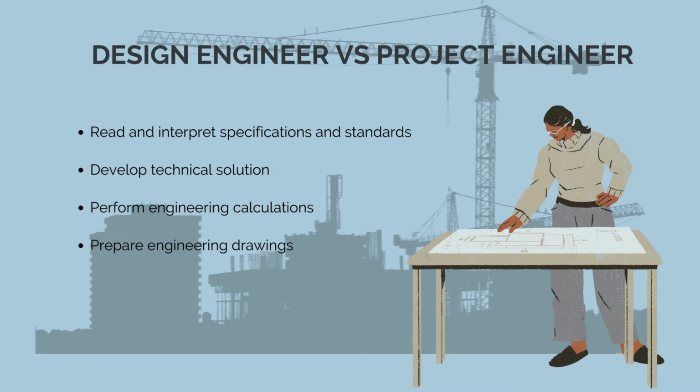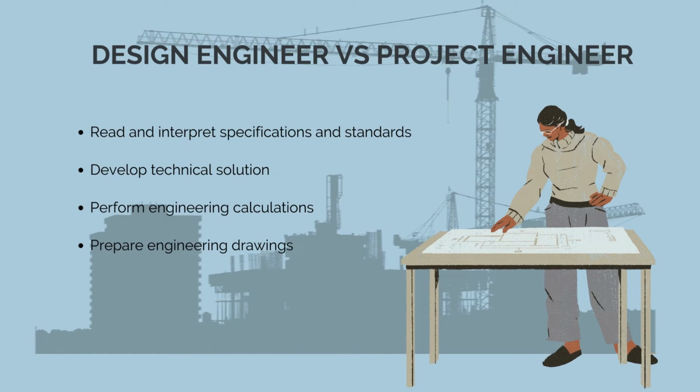They're the ones in the office reviewing specifications and standards, reviewing the original project requirements, and coming up with a detailed set of engineering drawings that show exactly what we're going to need to build. The design engineer job role is much more technical. Design engineers specialize in either electrical, mechanical, civil, structural, how to size a concrete foundation to hold a light pole. That's the responsibility of the design engineer. Their job is preparing the drawings.